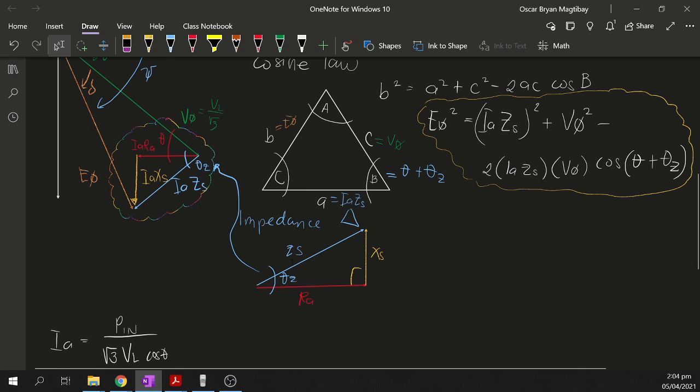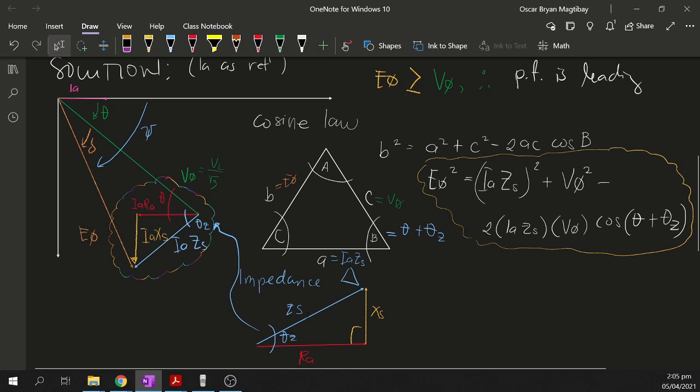The theta z actually is based from the impedance triangle. Tandaan natin na ang impedance triangle natin is yung resistance, reactance, then the resultant of Ra and Xs is actually your impedance Zs. And the angle projected between Ra and Zs is yung ating theta z. That is our impedance angle.